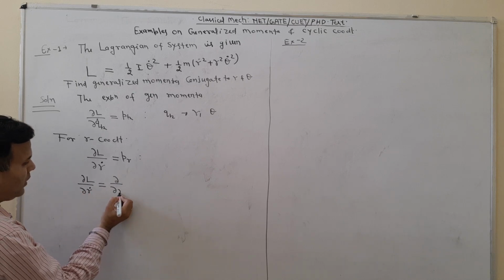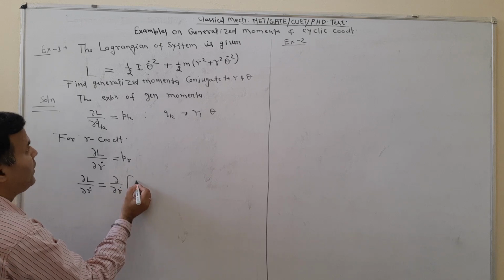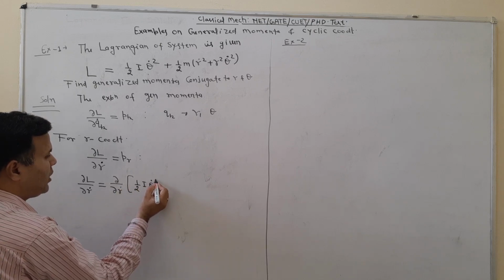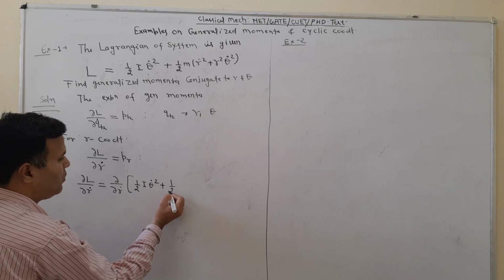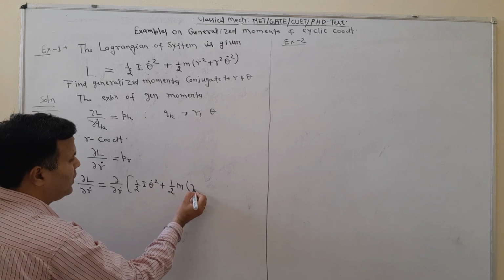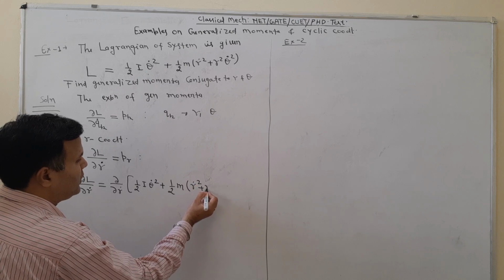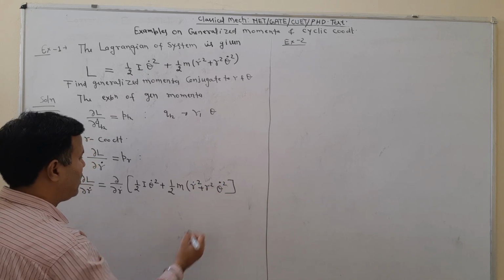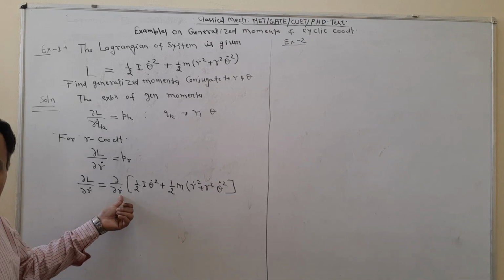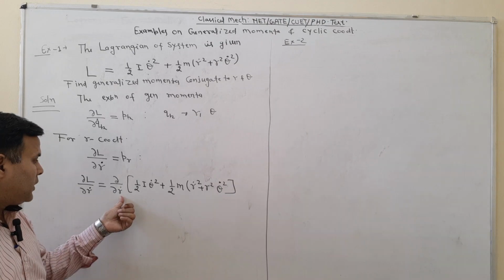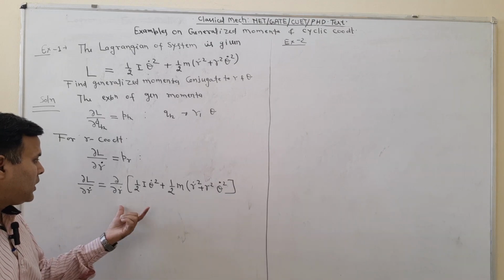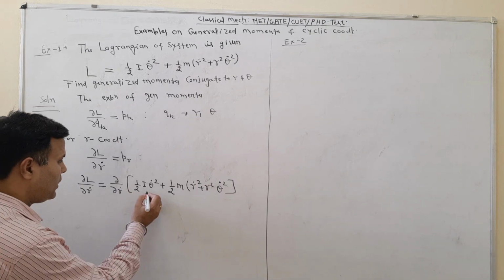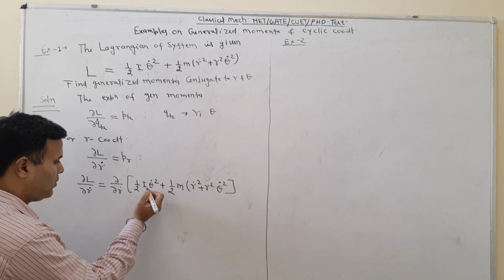Del by del r dot of 1 by 2 I theta dot square plus 1 by 2 m (r dot square plus r square theta dot square). Now differentiating this expression partially with respect to r dot, this first term will give 0.